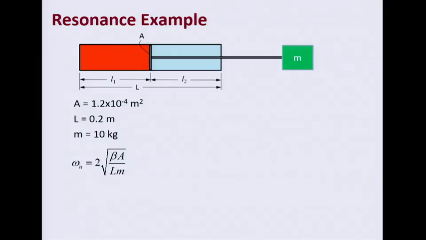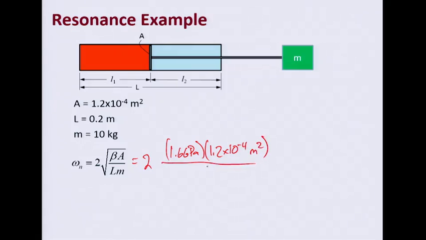So let me take those numbers and plug them into the equation: 2 times a bulk modulus of maybe 1.6 gigapascals multiplied by the area of 1.2 times 10 to the minus 4th meters squared, divided by the length of 0.2 meters and the mass of 10 kilograms. And then I'll take the square root of all of that.